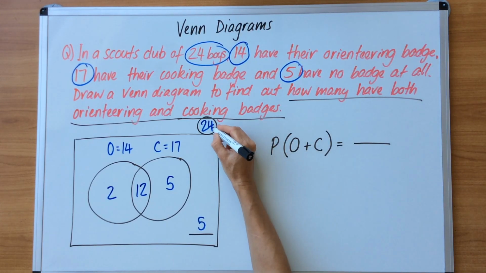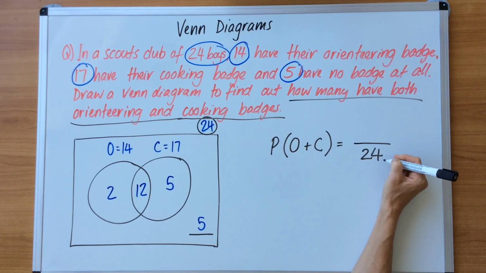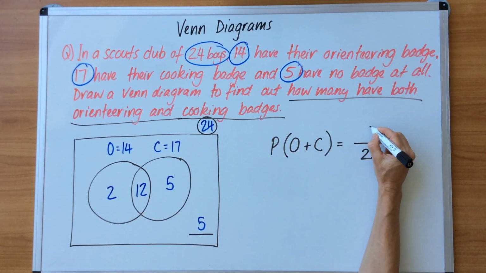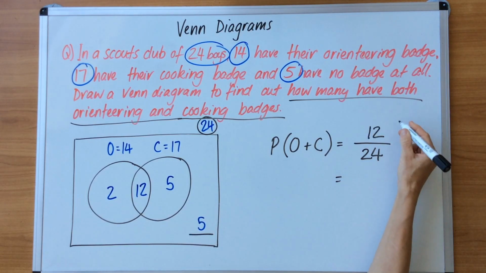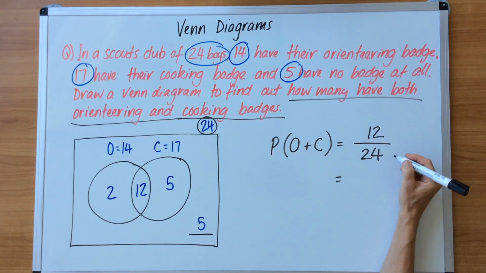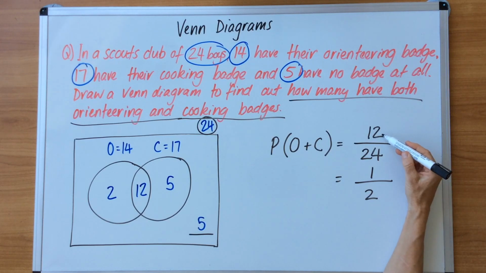Now we know that 24 is the population, so 24 goes on the bottom. And we now know that there's 12 that have both badges. That needs to be simplified because that cannot be left as an answer, and it simplifies down into 1/2 because 12 is the highest common factor. It goes into itself once and into 24 twice.